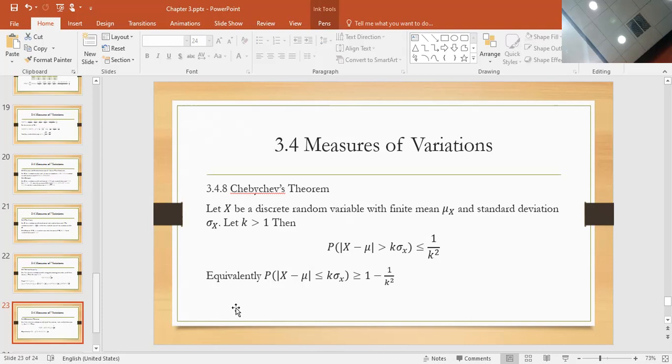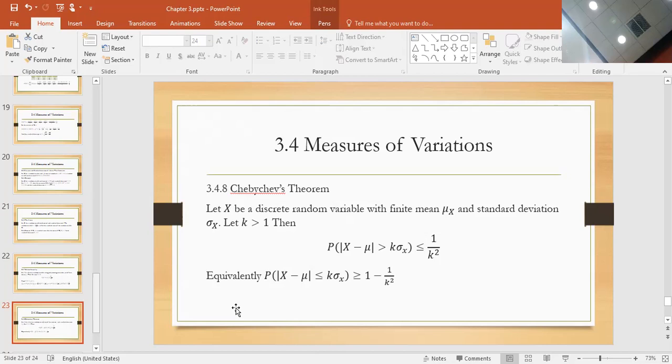I will write first that the proportion of values within k standard deviations from the mean, with k greater than 1, is at least 1 minus 1 over k squared. So within k standard deviations from the mean of each distribution, you have at least 1 minus 1 over k squared of the values.